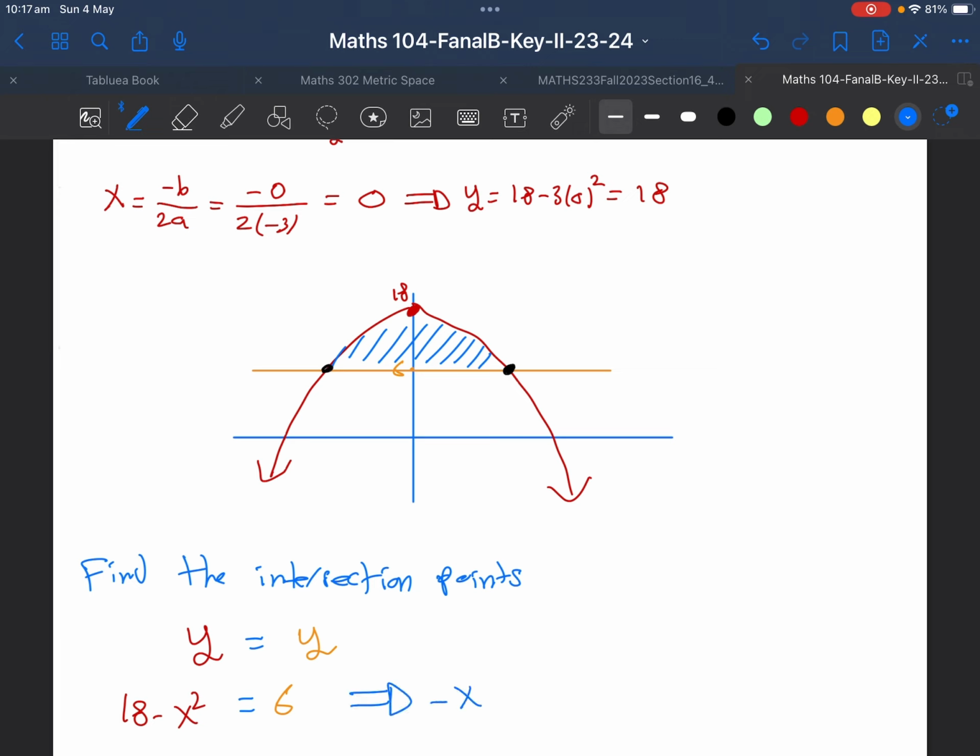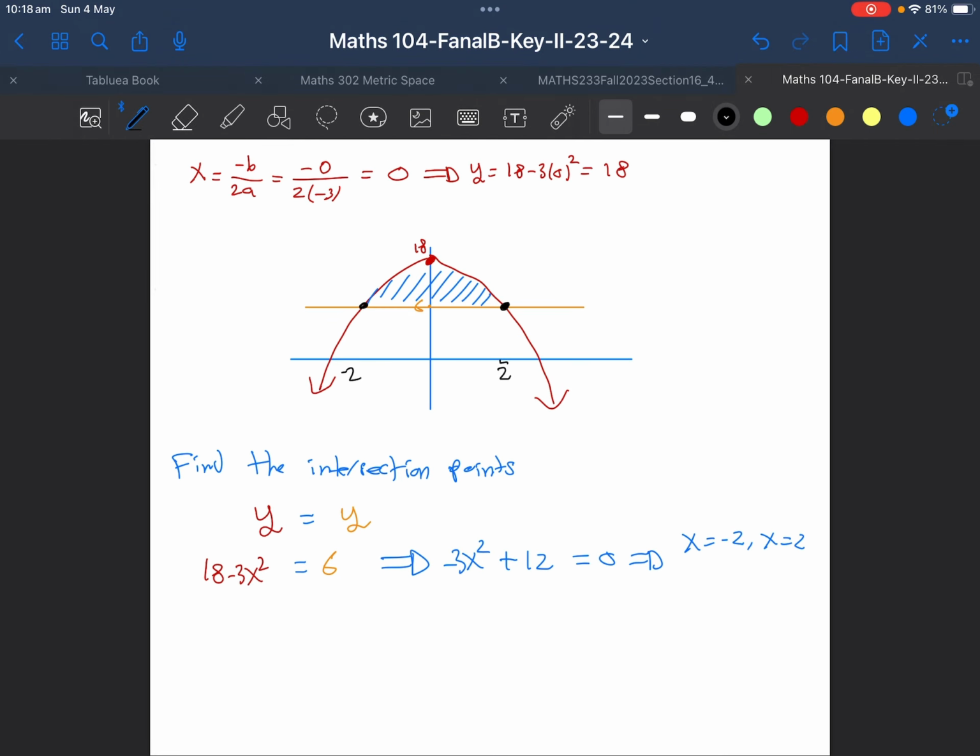So if we do it, we get negative 3x squared plus 12 equal to 0. If we solve this, the answer is negative 2 and 2. So this number is 2. This is negative 2.